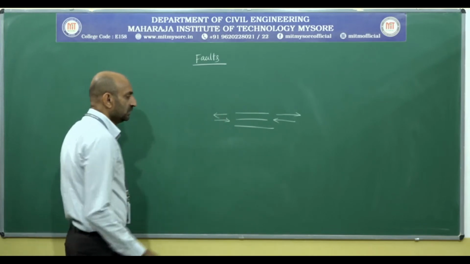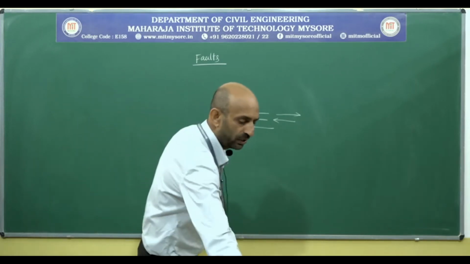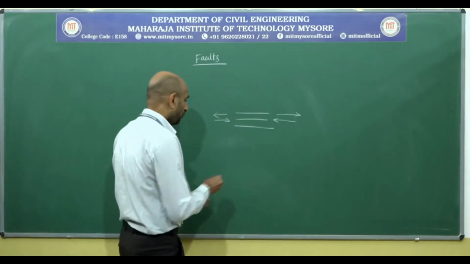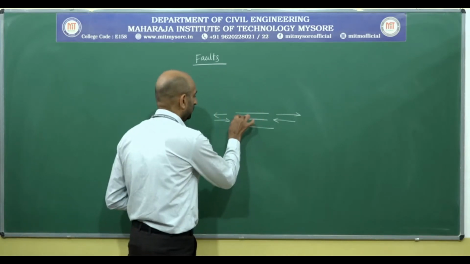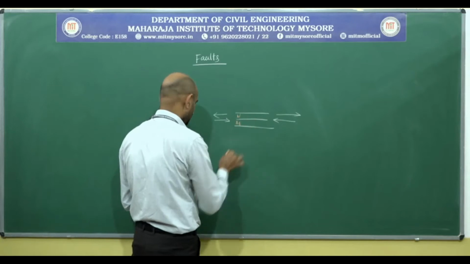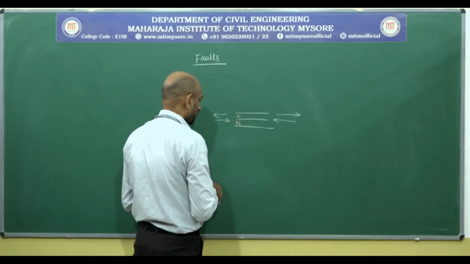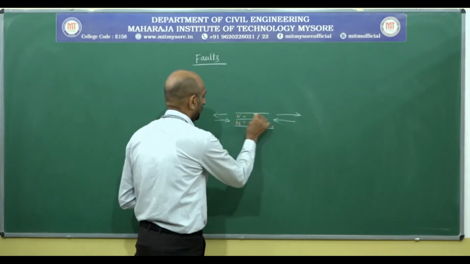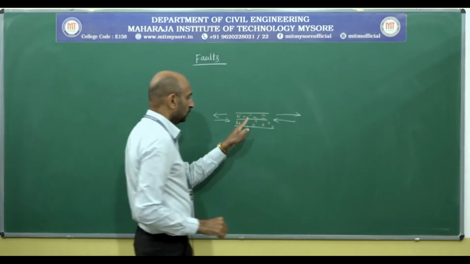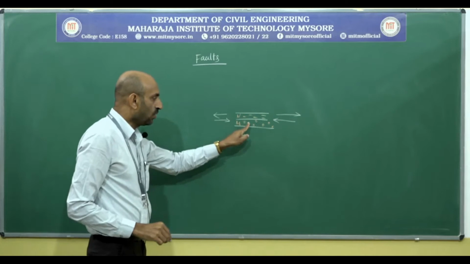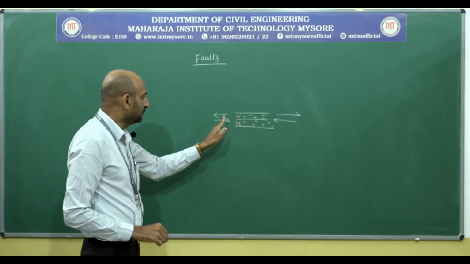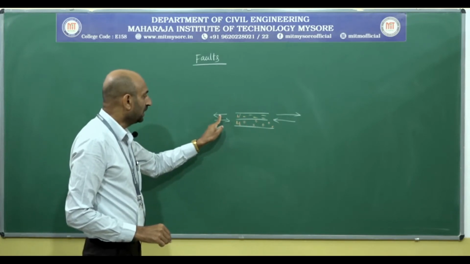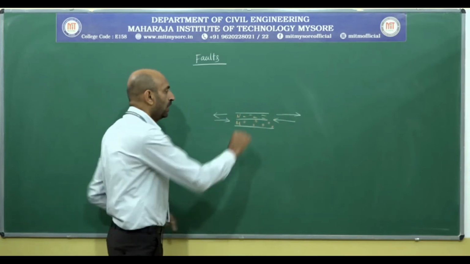You see, this is the diagram. For example, M bed means the first formed bed, and next formed bed is N bed. When this rock bed is subjected to tensile force, what happens?